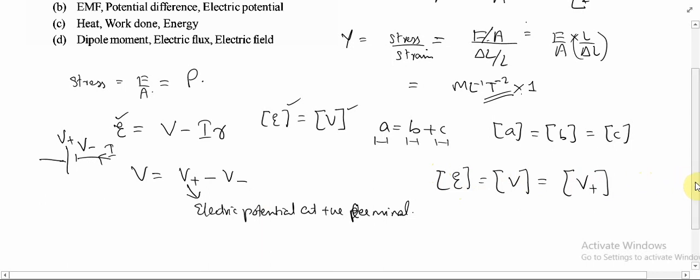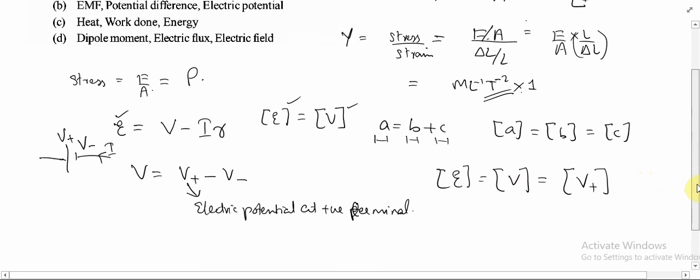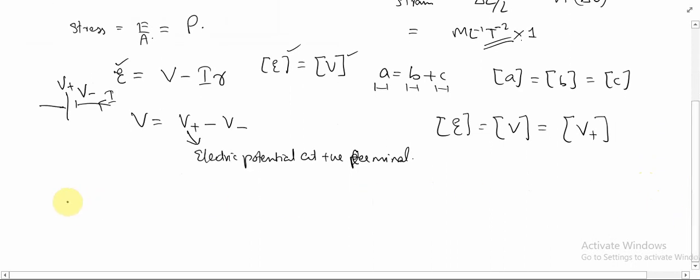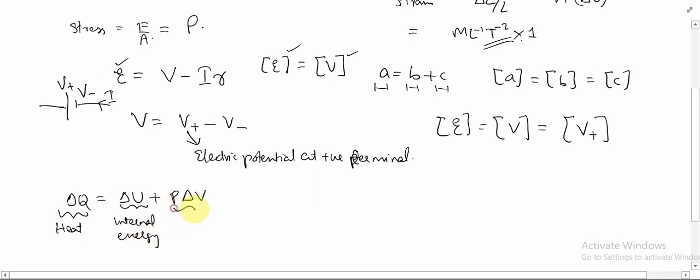Okay, now what about the third relation? Heat, work done, and energy. Again we can make use of a relation, the first law of thermodynamics, delta Q is equal to delta U plus P into delta V. So delta Q is the heat, delta U is the internal energy, and P into delta V is the work done.